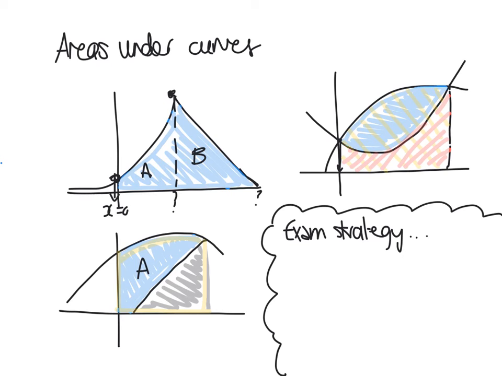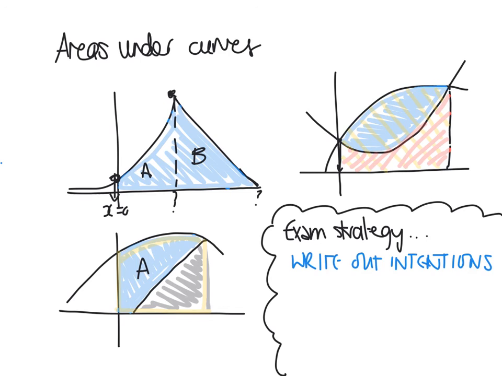In all of these situations, my one piece of advice for the exam would be to write out what you intend to do. And then that way, even if it goes wrong, as long as it's a correct method, even if you mess up your integration and everything else goes absolutely wrong, you should pick up your method mark for your process.